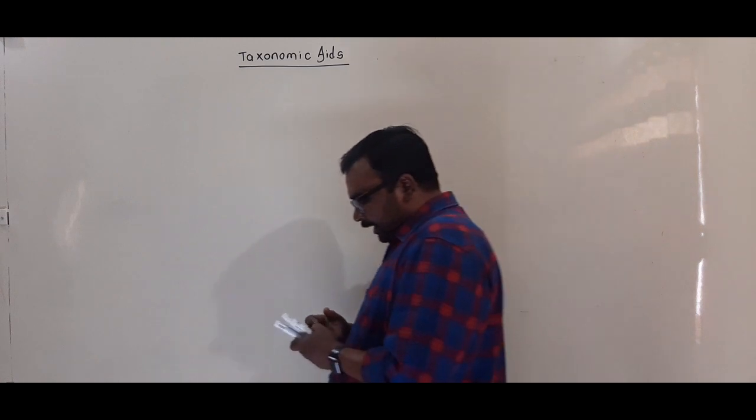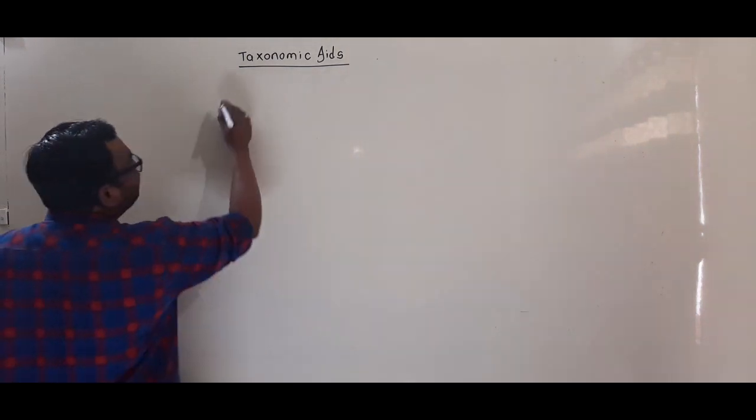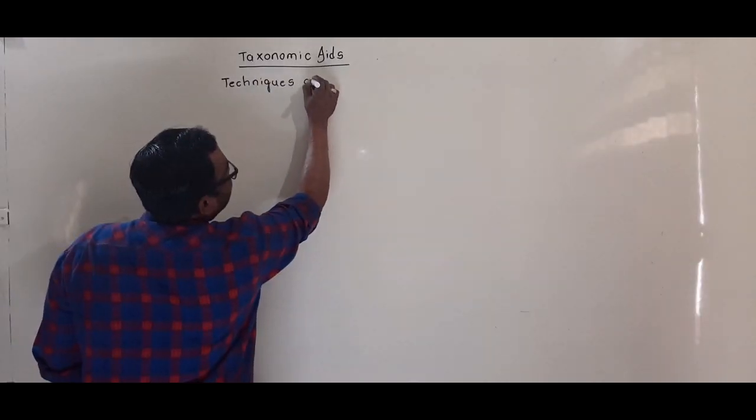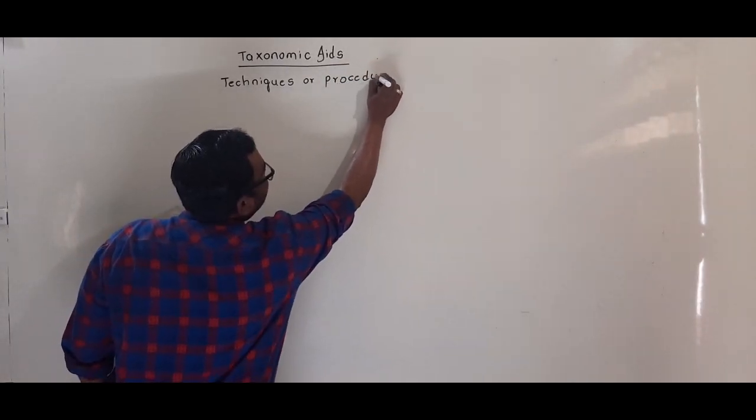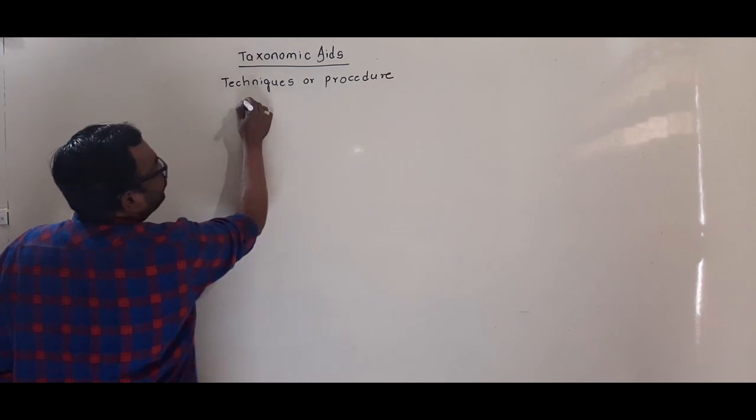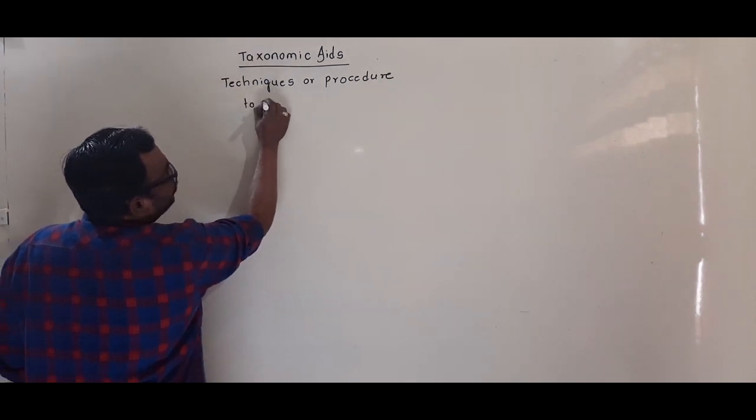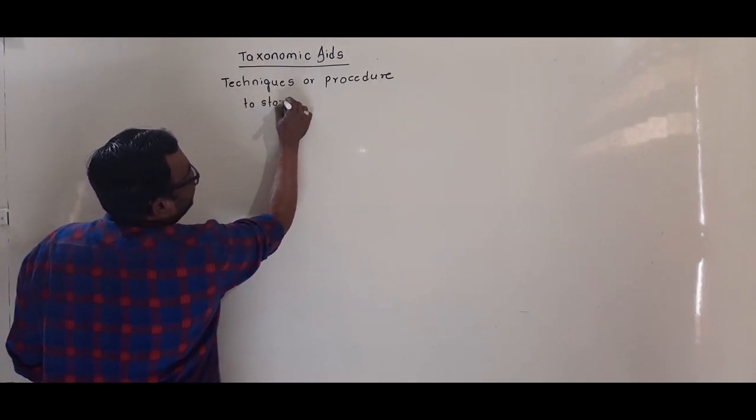So what are taxonomic aids? Taxonomic aids are simply techniques or procedures to store two aspects.